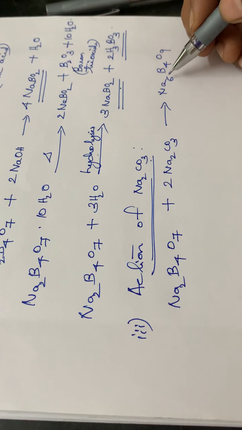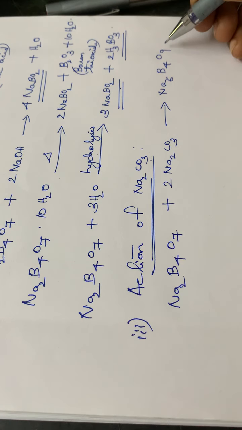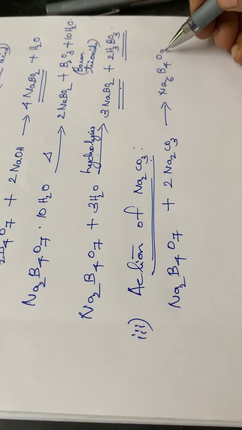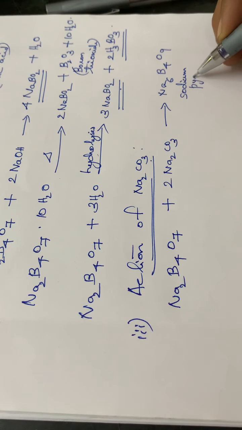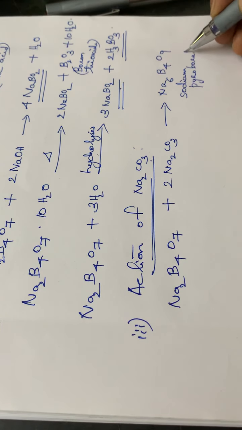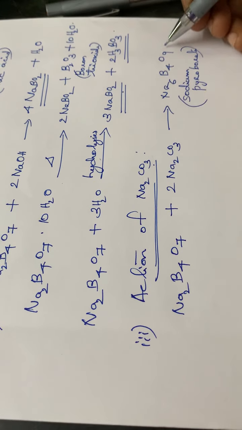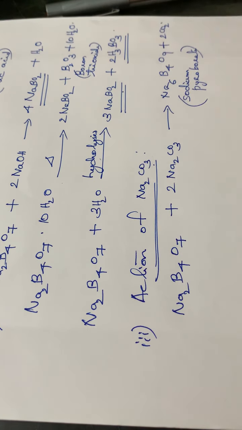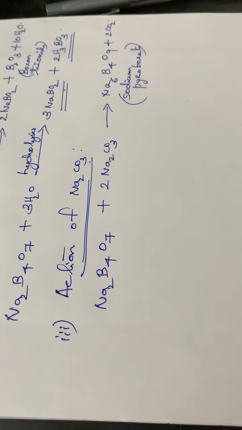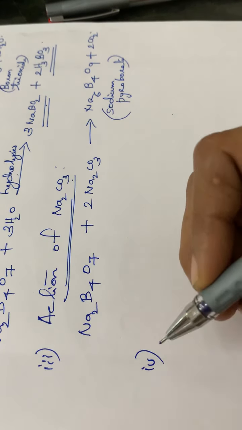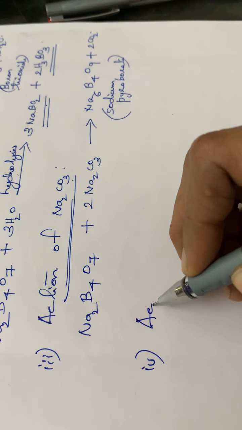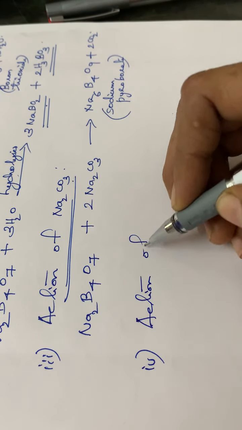This compound is called sodium pyroborate. Sodium pyroborate plus 2CO2. Okay. Then the next one, the fourth reaction, that is the action of heat.